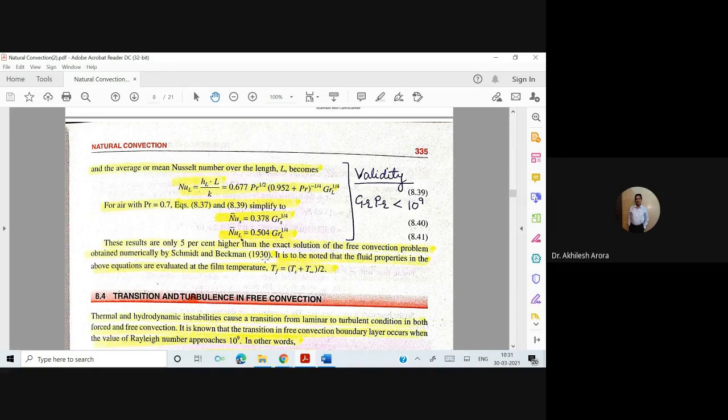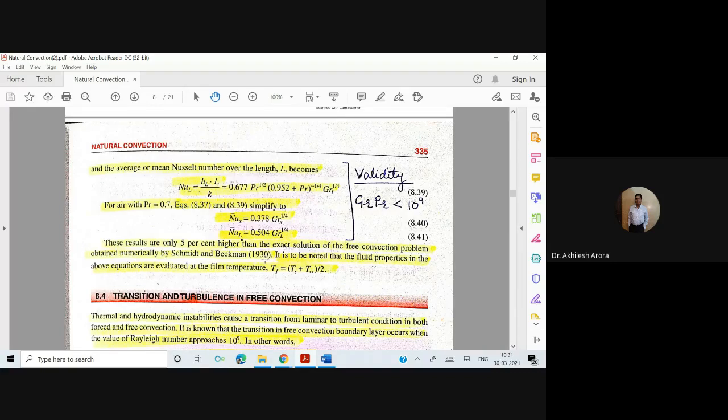It doesn't matter, because in heat transfer, the shapes you get in practical life are never simply flat or circular or cylindrical. The shapes will be quite different. So we have to go for empirical relations for such shapes. These are very simplified relations for simple shapes.